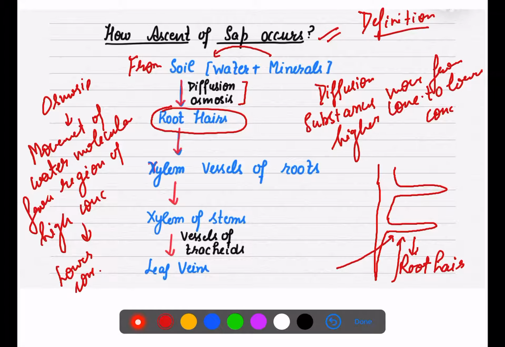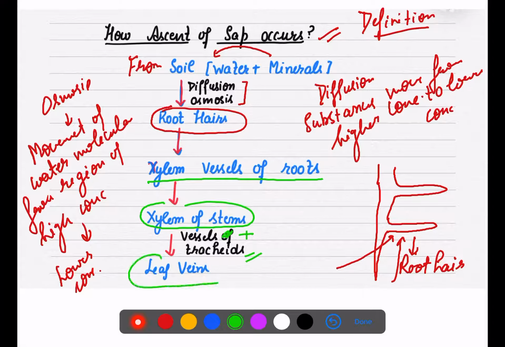Now from the root, this water and mineral reach the xylem vessels of roots, and then they reach the xylem of stems, and then with the help of vessels and tracheids, ultimately they reach the leaf veins. This is how ascent of sap takes place.